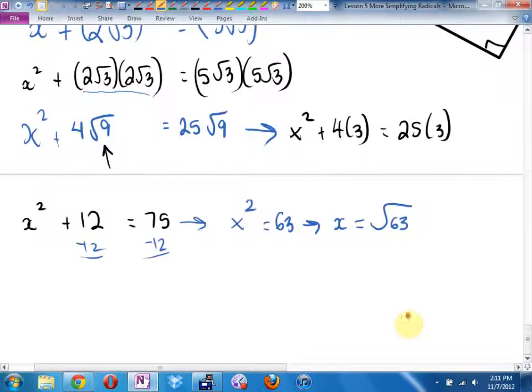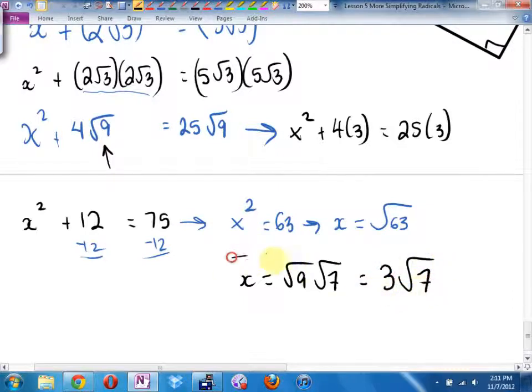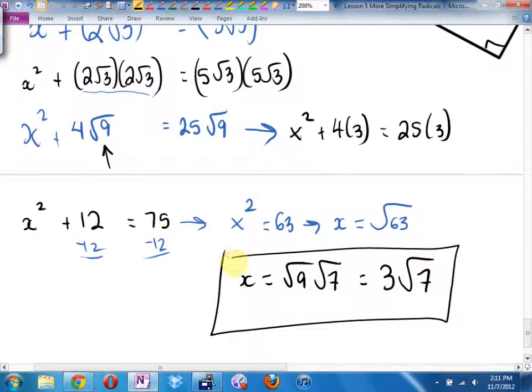Ah, I can. Final answer. This is root 9, root 7, or 3 root 7 in simplest radical form. There you go.